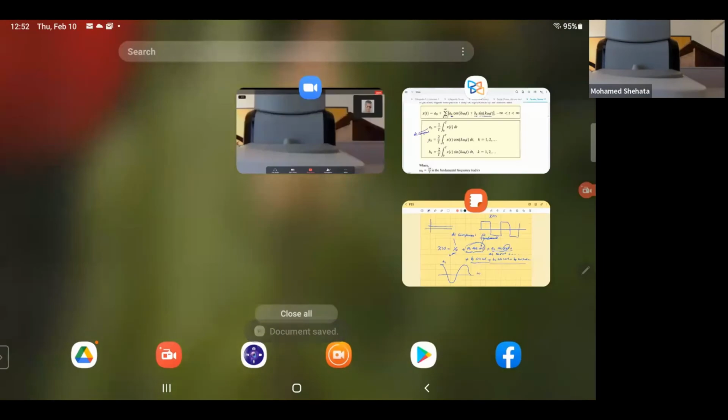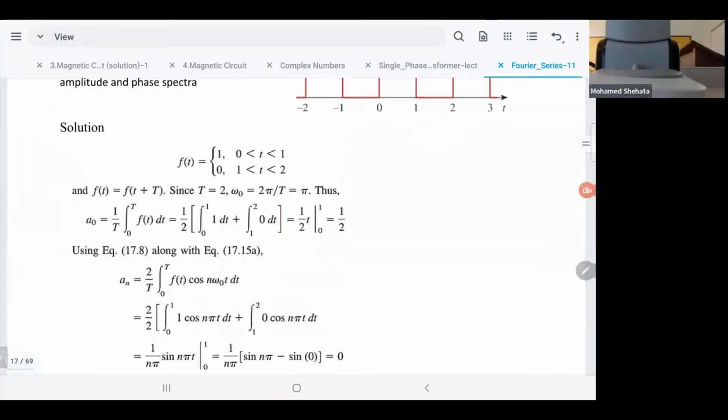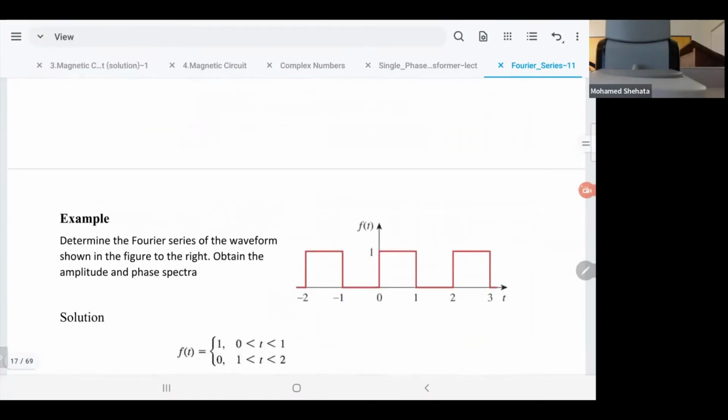Okay, let's pick an example here. We'll take this example.